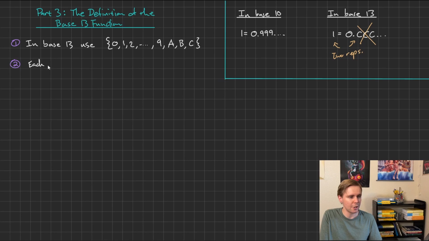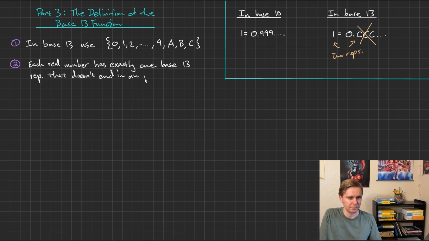Each real number has exactly one base 13 representation that does not end in all C's. And so again, whenever we write down a representation in the future in this video, we're going to assume that it does not end in an infinite number of C's.